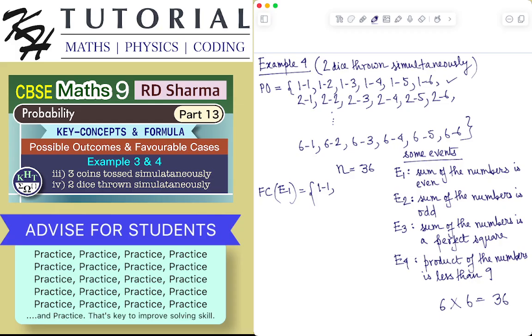So what are the possibilities? 1-1, they are both odd. I can have 1-3, I can have 1-5. Either they are both odd or they are both even.